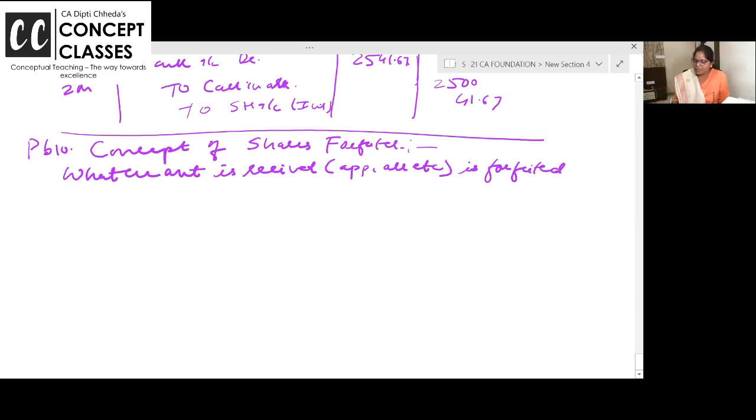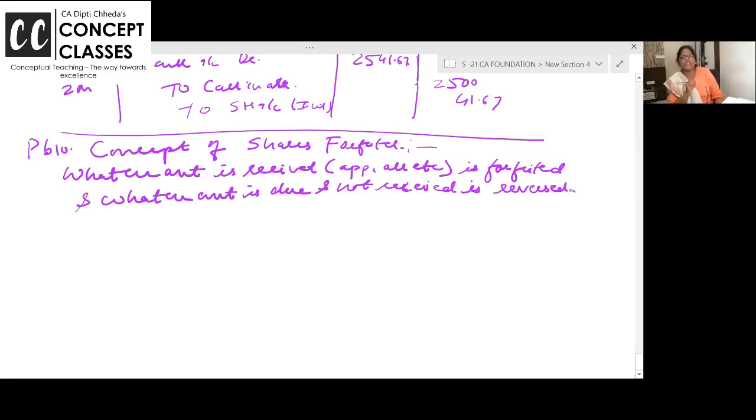Whatever amount is received is forfeited, and whatever amount is due and not received is reversed. Super clear? Chalo, with this 10th problem.